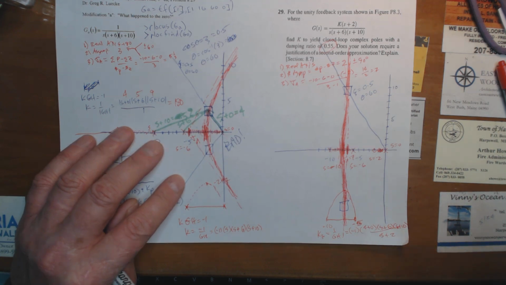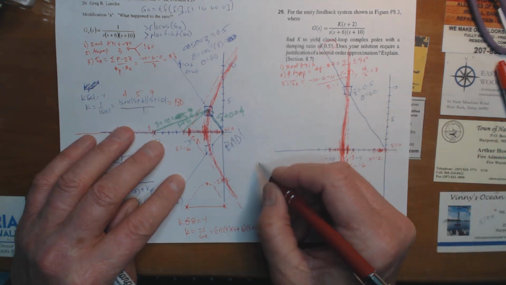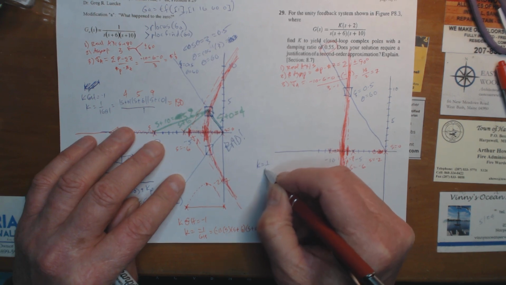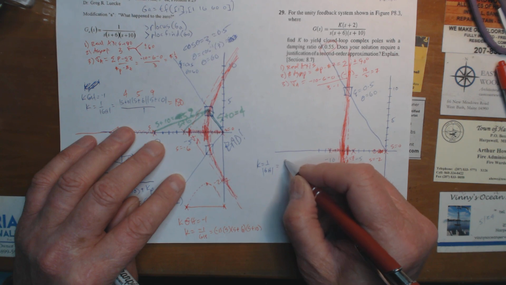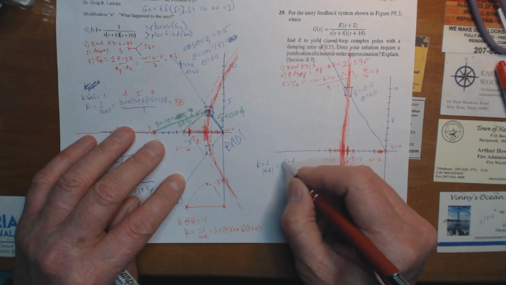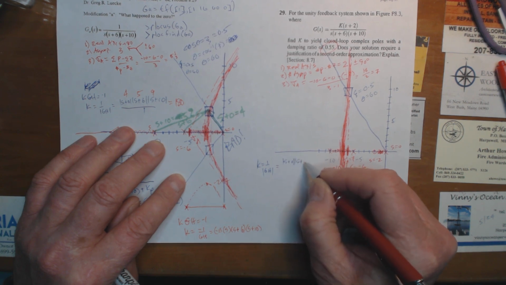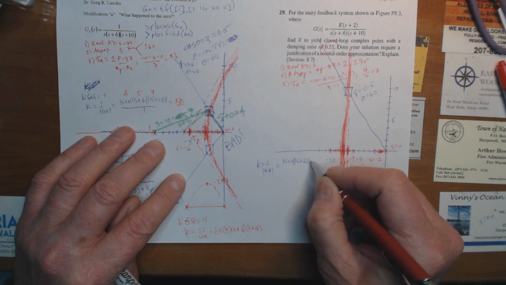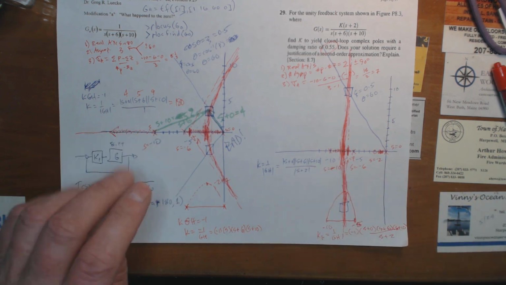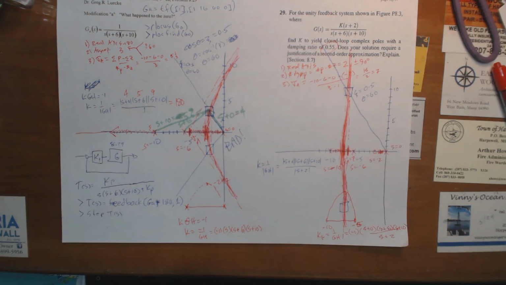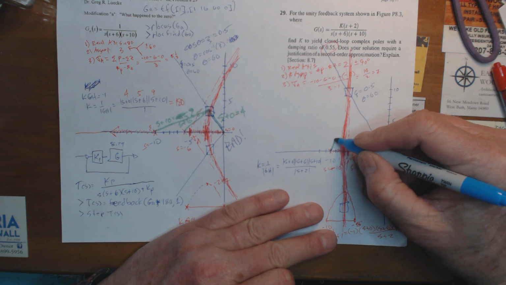What I want to do now is look at K equals 1 over GH. I want to use the magnitude criterion, which means it's the magnitude of s plus 0, magnitude of s plus 6, magnitude of s plus 10, all over the magnitude of s plus 2. All I have to do now is ask what those vectors are and how big they are.